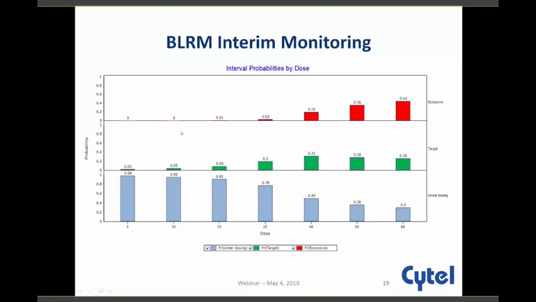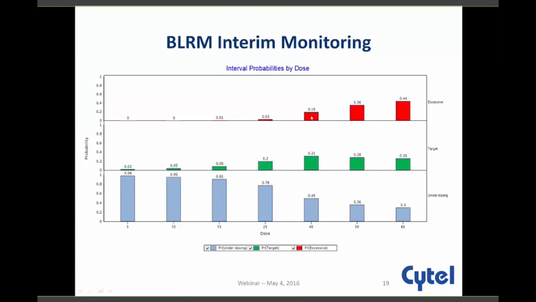In this example, we are looking at the probabilities of excessive toxicity or overdosing, the probabilities of target toxicity in the green, and the probabilities of underdosing in the blue area. Since our goal is to first fix the probability of overdosing to be below 25%, you can see that automatically these last two dose levels are going to be excluded.